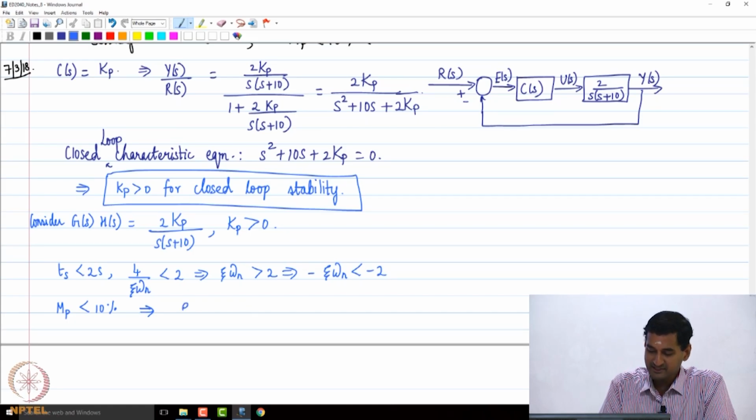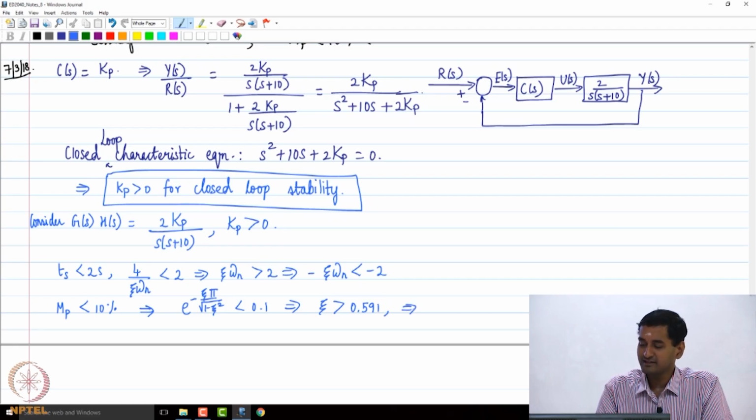So Mp less than 10% means, please recall, e power minus zeta pi divided by square root of 1 minus zeta squared should be less than 0.1, right? So this gave us zeta should be greater than, I think if I recall vaguely, around 0.591 or something like that, right?